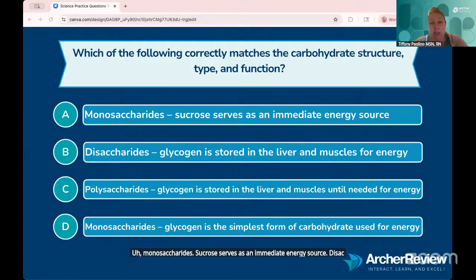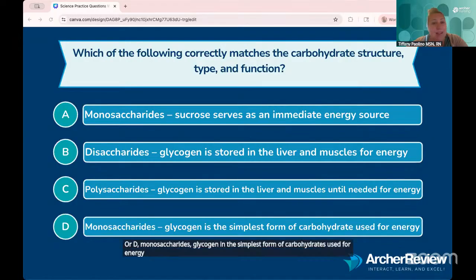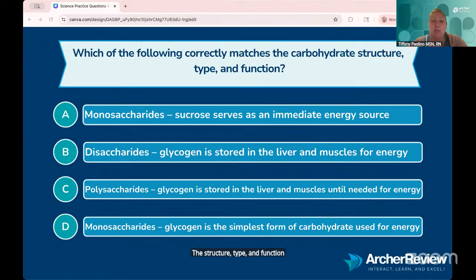B, disaccharides, glycogen is stored in the liver and muscles for energy. C is polysaccharides, glycogen is stored in the liver and muscles until needed for energy. Or D, monosaccharides, glycogen is the simplest form of carbohydrates used for energy. So, have to remember these terms and what they all mean. So, we're talking about carbohydrates, the structure, type, and function. So, what is correct?